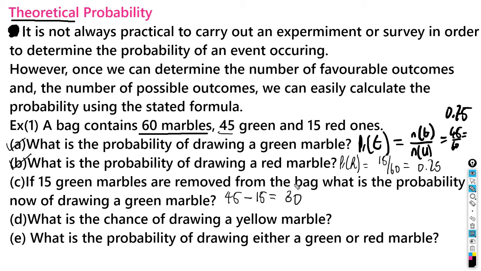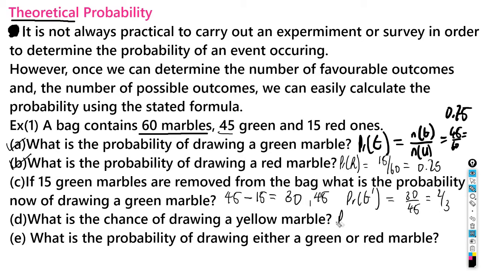The total is now 45 marbles in the bag. So the probability of drawing a green marble, let's call it G prime, is 30 over 45, which is 2 over 3, and that's the answer.